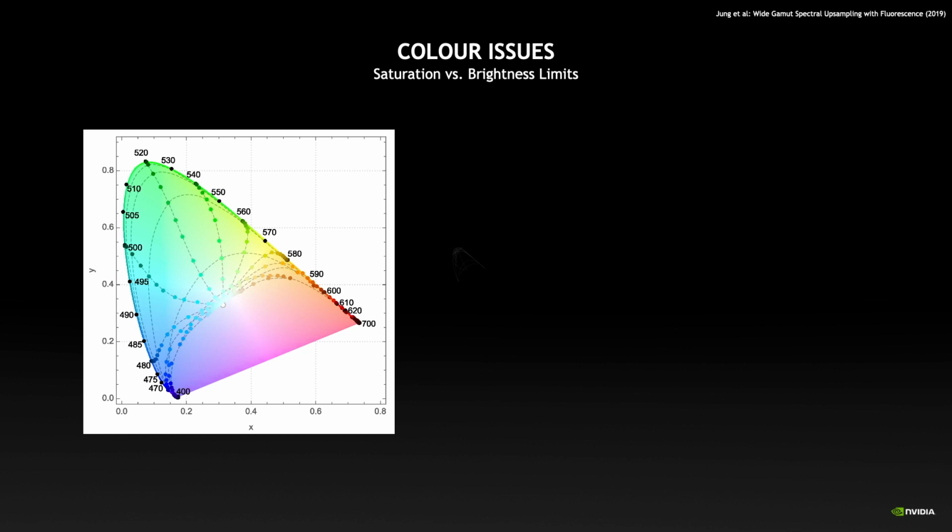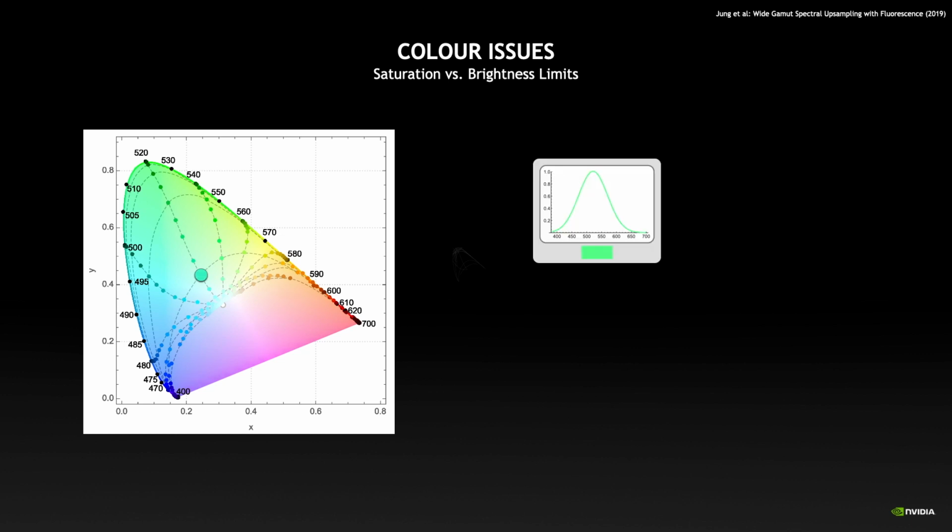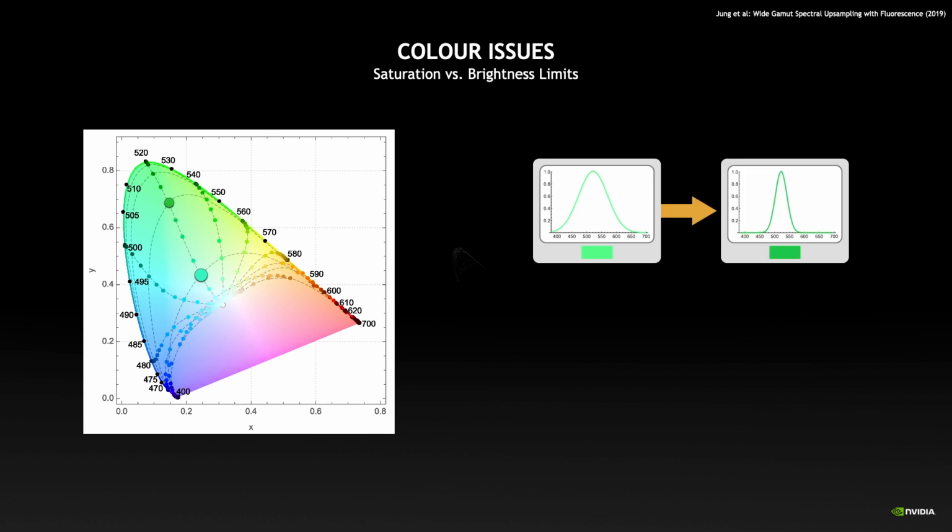For example, if I take this point here, it's a nice green, not particularly saturated. If I want to saturate it now, I will make the Gaussian curve slimmer, and what we can see is that the point starts to move towards the edge of the chromaticity diagram, which means it will become more saturated. But on the other hand, if I go further and further, it will become darker and darker.